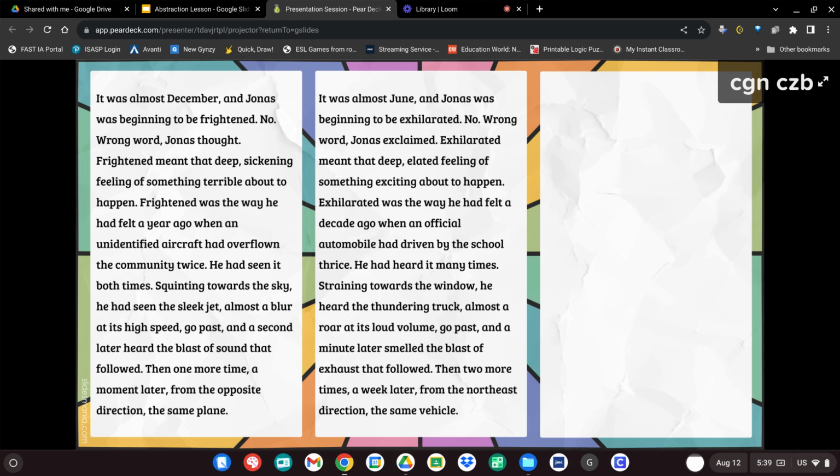He had heard it many times. Straining towards the window, he heard the thundering truck, almost a roar at its loud volume, go past, and a minute later smelled the blast of exhaust that followed. Then two more times, a week later, from the northeast direction, the same vehicle.